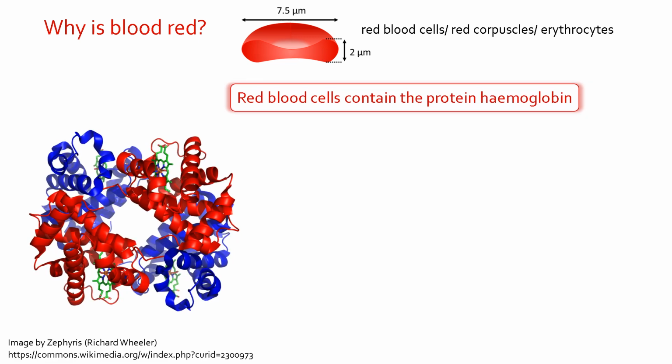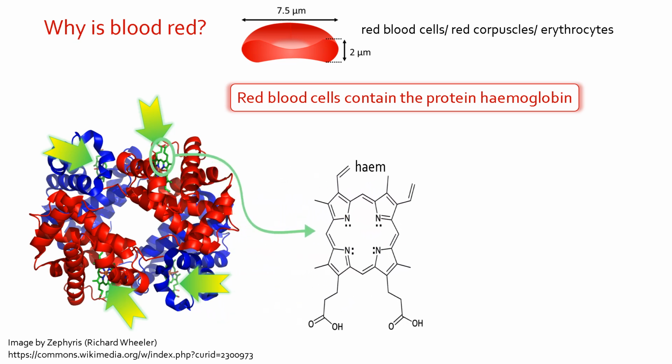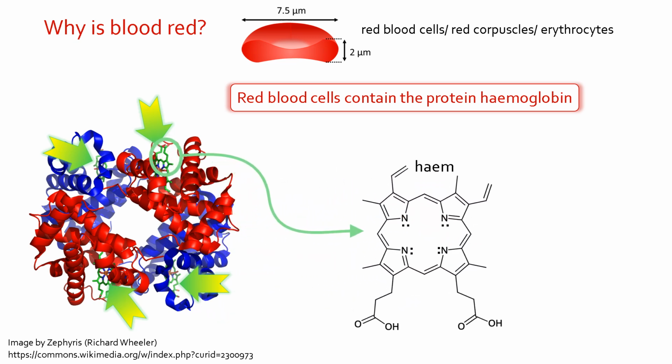The hemoglobin molecule contains 4 key structural motifs highlighted in green. Each of these motifs consists of a cyclic porphyrin ring known as a heme group. At the centre of the heme group is a high affinity binding site for iron in its ferrous state, which forms coordinate bonds. It is the iron in hemoglobin that gives it and blood its red colour.